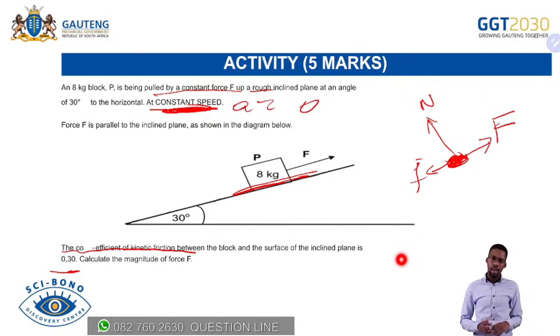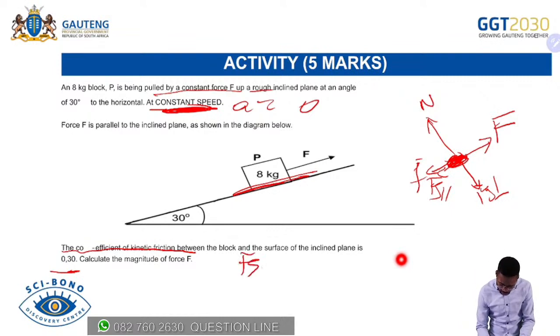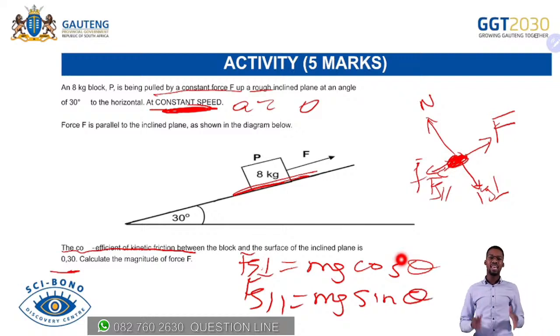When you resort to components, we are going to have Fg perpendicular, since the force of gravity is always going down, and Fg parallel. Fg perpendicular is equal to mg cos theta. Fg parallel is equal to mg sin theta all the time.